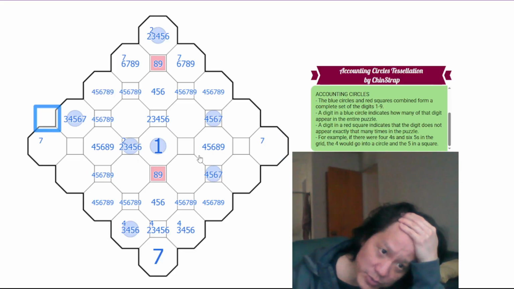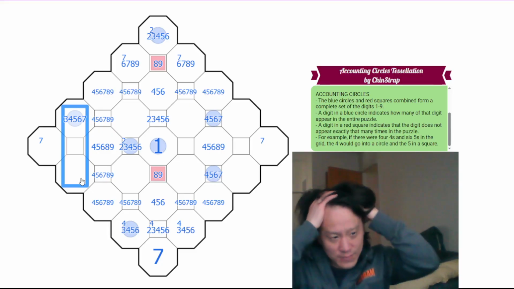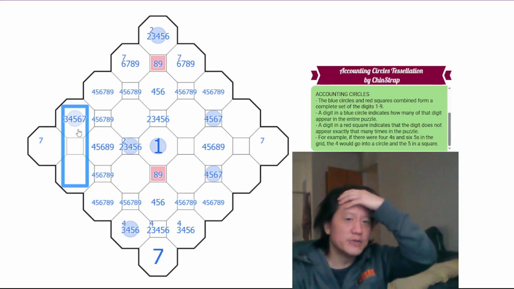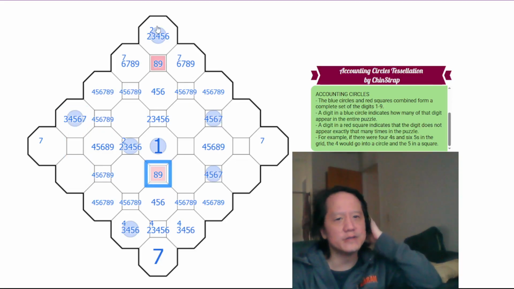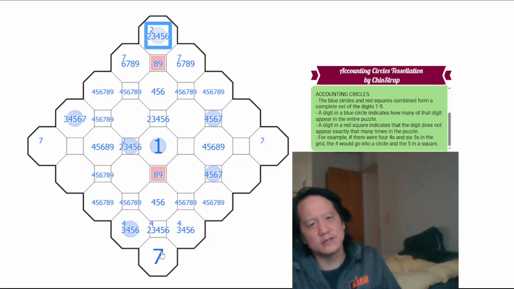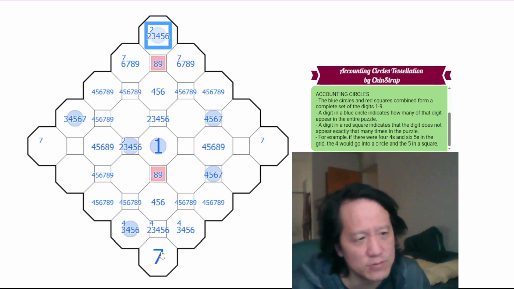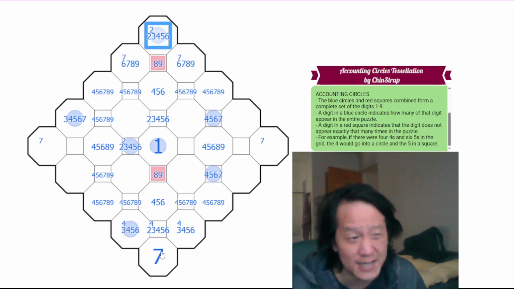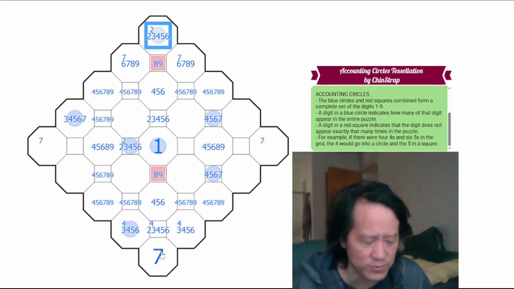But 8 has to be in one of these, right? But that means this is an 8-9 pair, and then the problem is that you can't have 7 8s or 7 9s, and you need one of them to be 7 to get 13.